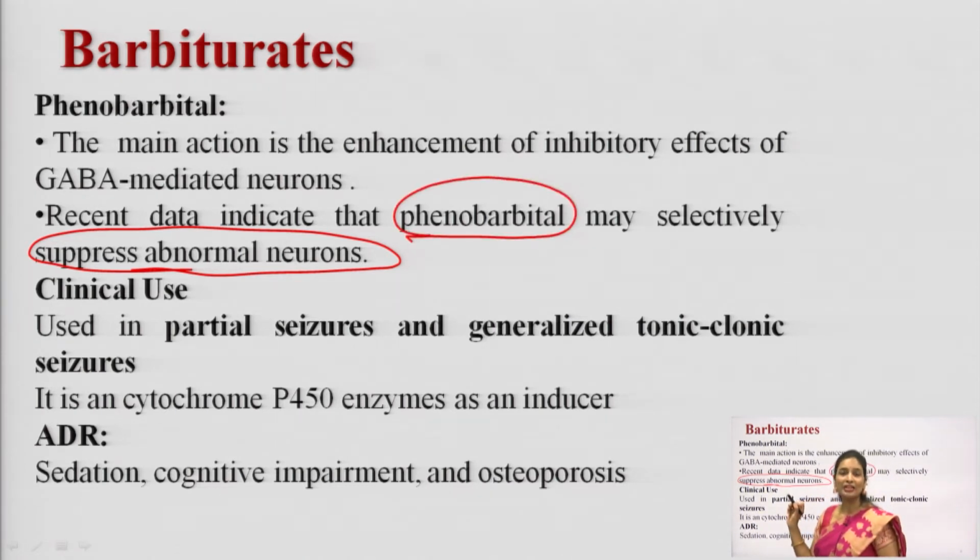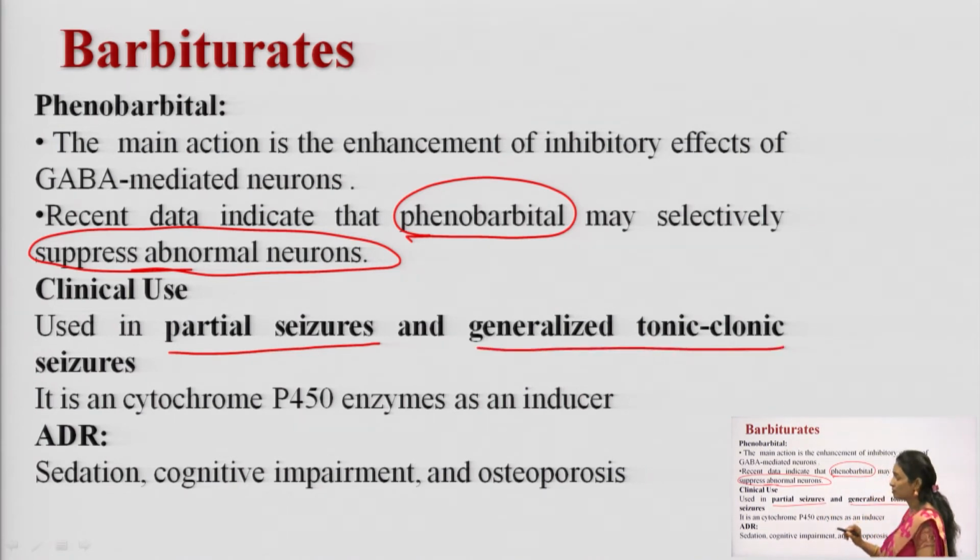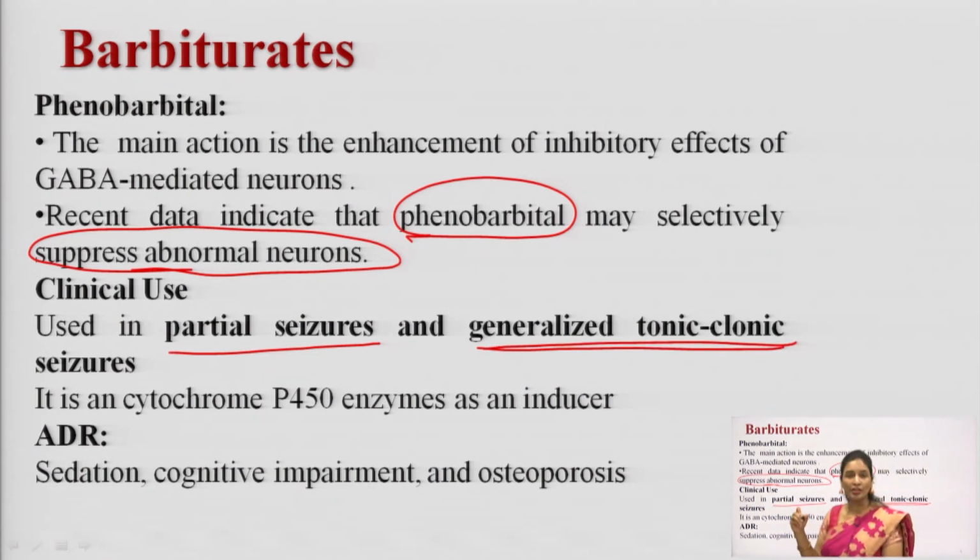In a recent study it has been declared that phenobarbital can selectively suppress the abnormal neurons, right. Clinically it is used in partial seizures and generalized tonic-clonic seizures. In partial seizures, it means simple seizures, complex seizures, secondary generalized seizures, and you can use it in generalized tonic-clonic seizures. Generalized tonic-clonic seizures mean grand mal epilepsy. In a patient who has grand mal epilepsy, you can use barbiturate drugs.